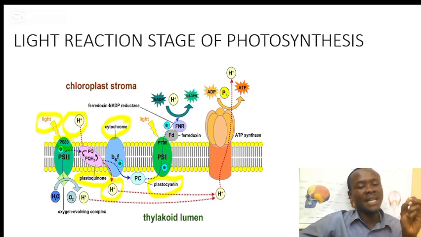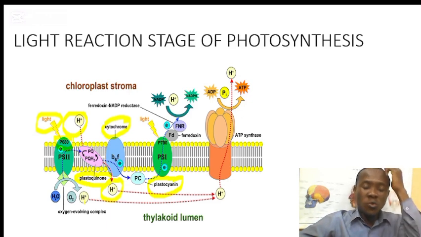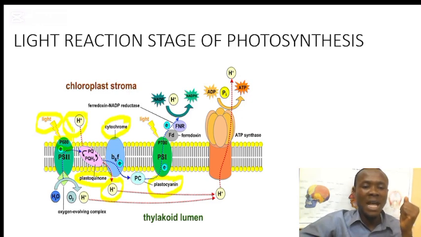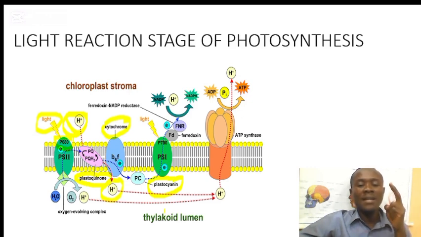And as the electron is moving along the electron transfer chain, it also loses energy, and that energy will be used to transport the hydrogen ion from the stroma of the chloroplast into the thylakoid. As these two things happen, the concentration of hydrogen ion in the thylakoid of the chloroplast will increase.